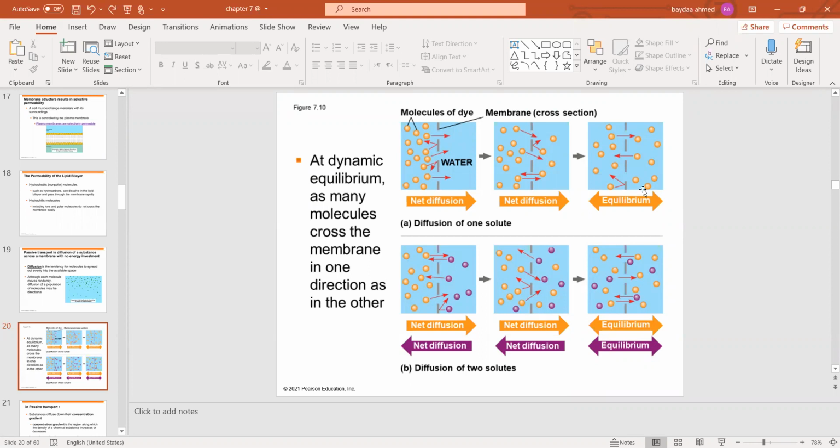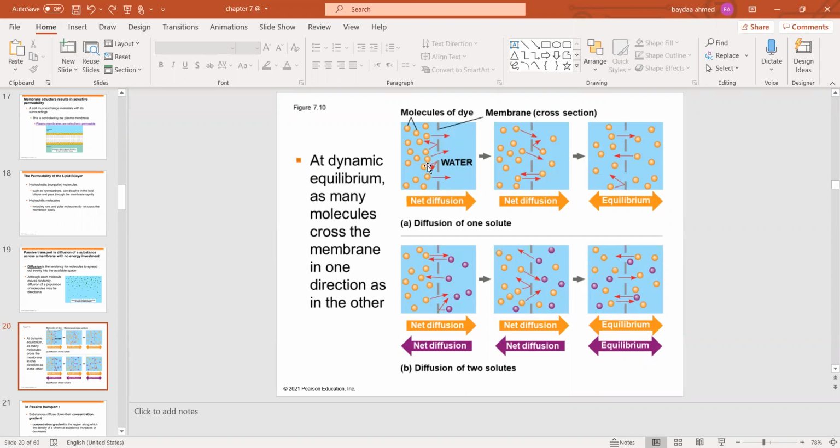Molecules of a dye can pass through membrane pores. The random movement of dye molecules will cause some to pass through the pores. This happens more often on the side with more dye molecules.